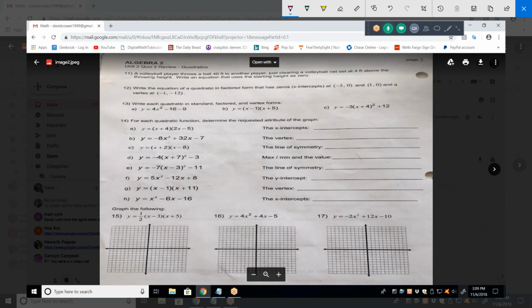Okay, let's see. You'll notice that that's in what format? What format? Correct. Factored, which is also called X-intercept format. Okay, and what format's that in?